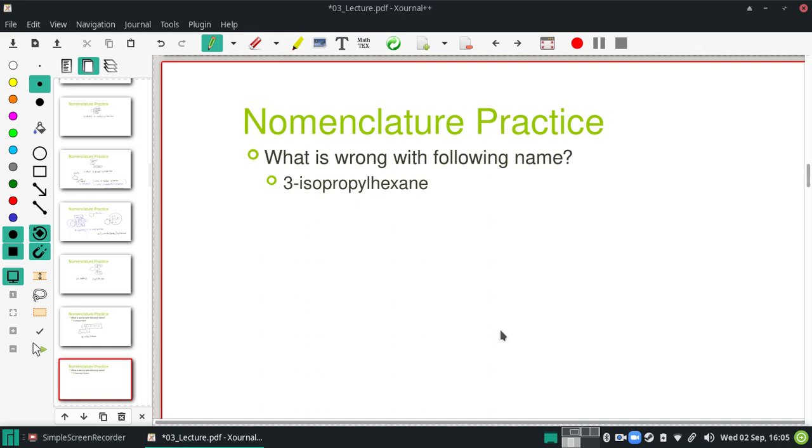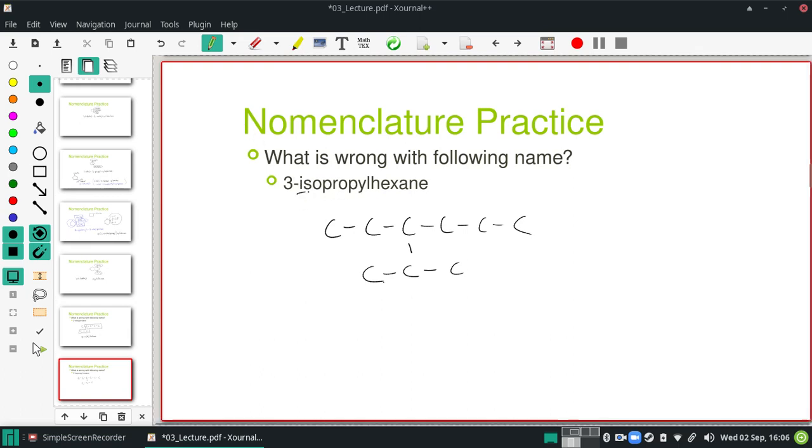How about this one? Isopropyl hexane. Hexane is 6 in a row. Isopropyl, here's a weird one. 3-isopropyl is kind of an acceptable name, but what we're getting at here is isopropyl, that part of it is a complex substituent.